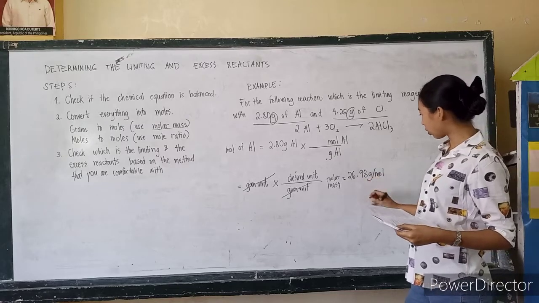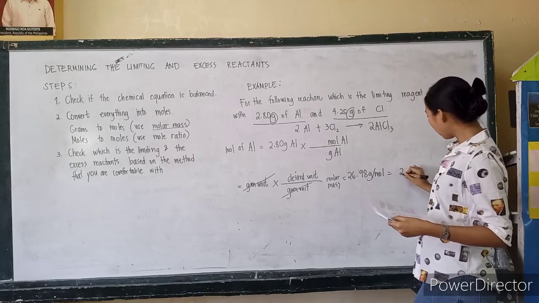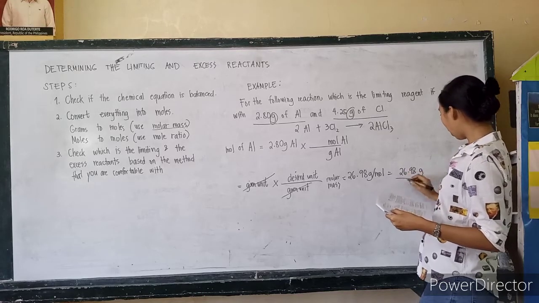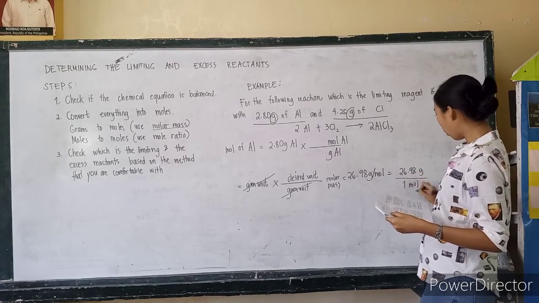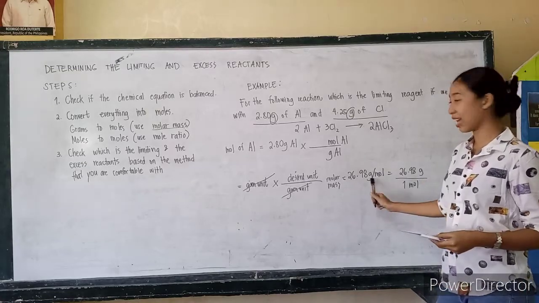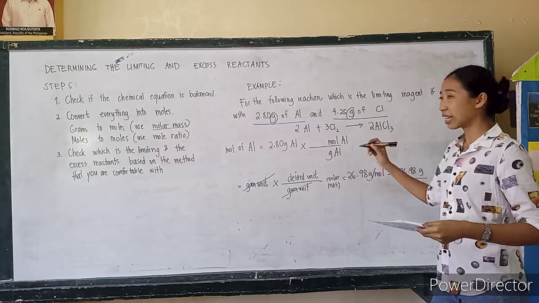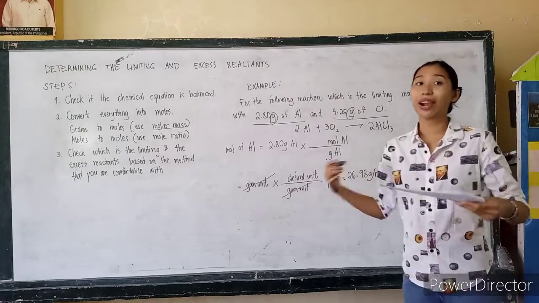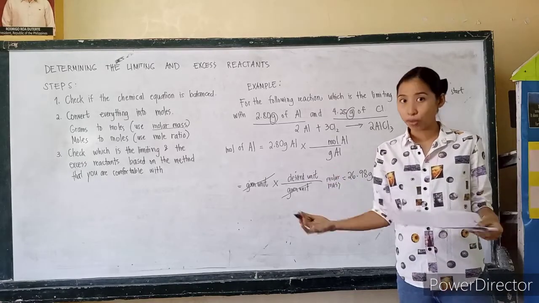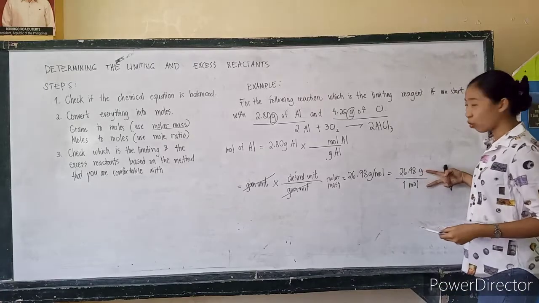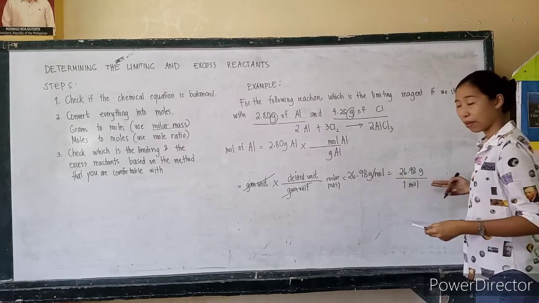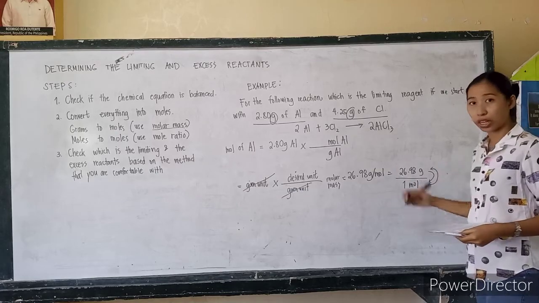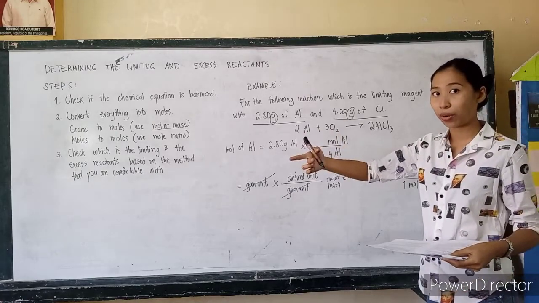This is actually equal to 26.98 grams per 1 mole. Ang pasabot ani is kada isa ka mole kay 26.98 grams sa aluminum. So, same lang sila. You can interchange that. Alright?